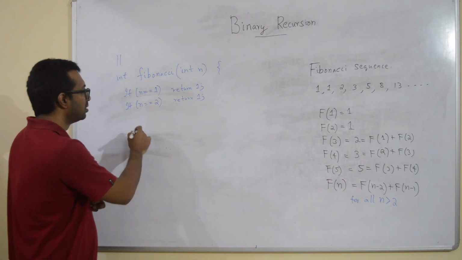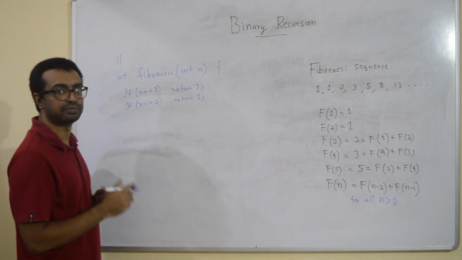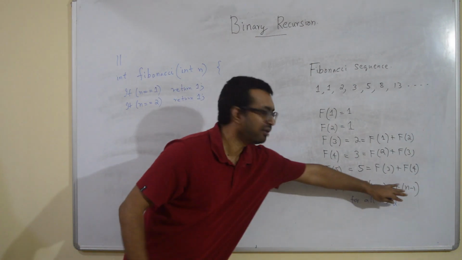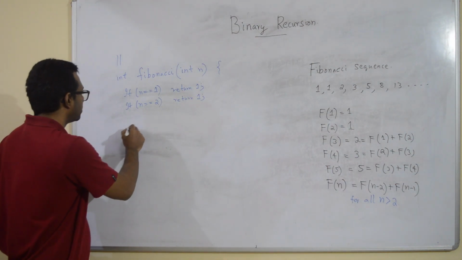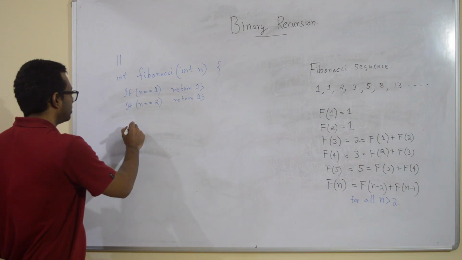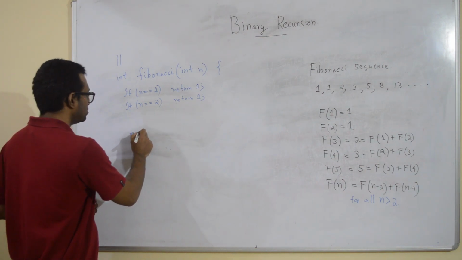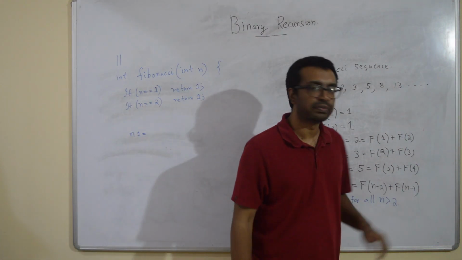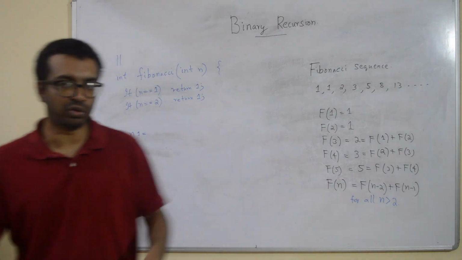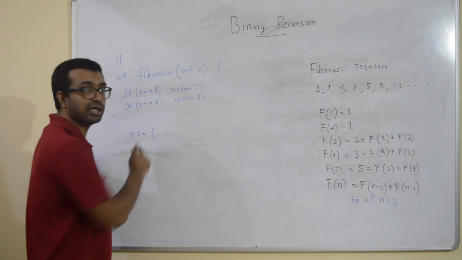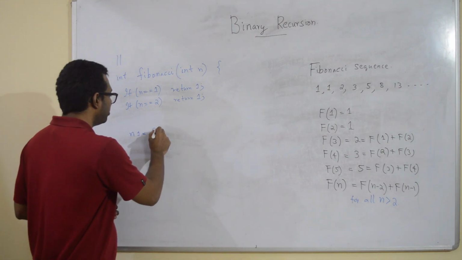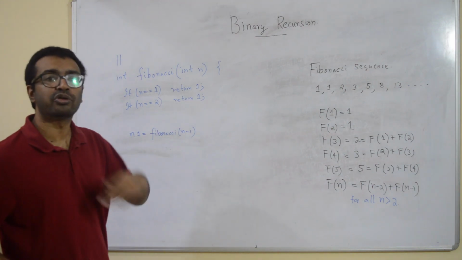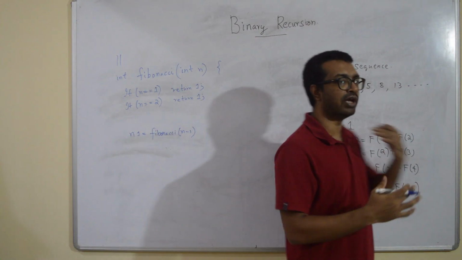So what do I call? I have a variable, basically the n minus 1th Fibonacci number. Let me call this n1. Okay, so the variable n1 is going to store the n minus 1th Fibonacci number. And how do I get that? I'm going to call this function Fibonacci with the value n minus 1.